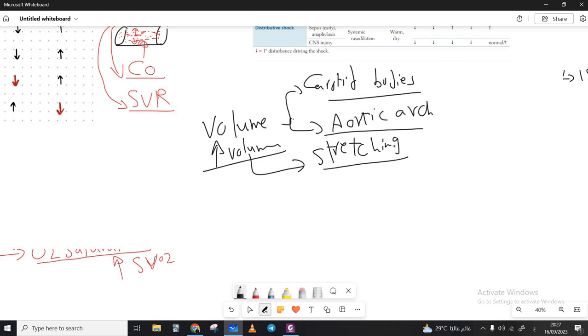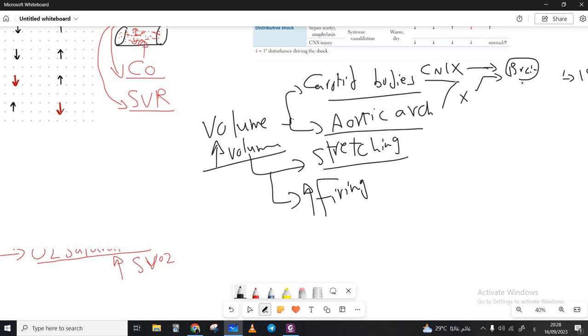So they do more firing, because from these two locations you have two nerves: cranial nerve 9, the glossopharyngeal nerve, and cranial nerve 10, the vagus. Both carry neural signals into the brainstem, and this will control the scenarios.